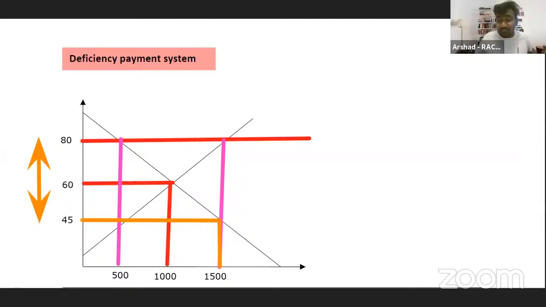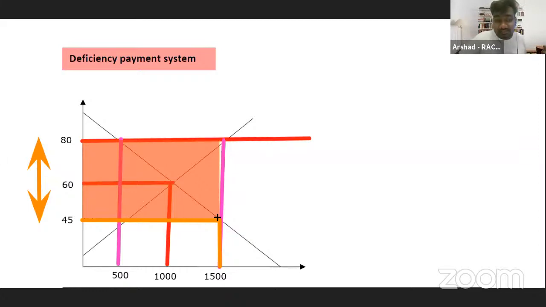How much will the government pay? The government will pay 35 rupees for 1500 units. So that becomes the entire government's expenditure: 35 rupees per unit, 1500 units sold. So 35 into 1500, that is their expenditure.